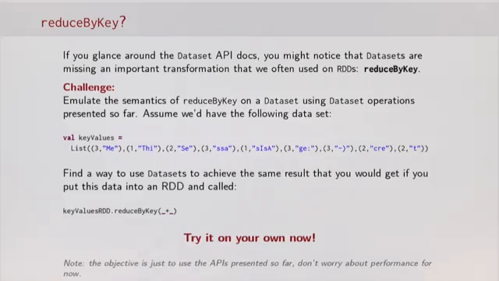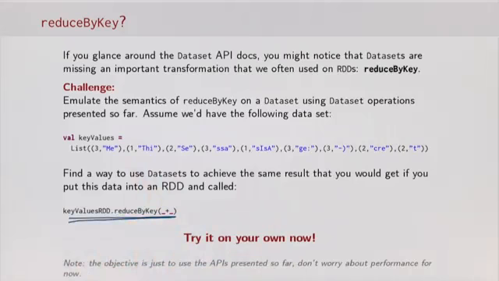Maybe this isn't a completely general reduce-by-key, but let's say given this dataset here, which is a number of pairs of type Int, String, so we have these weird little string snippets and a bunch of integers here as the keys, your challenge is to try and emulate this call here.